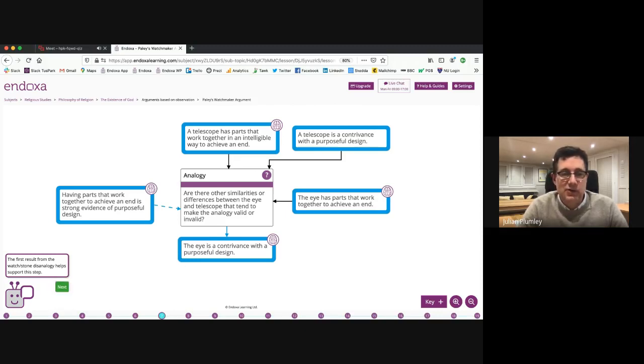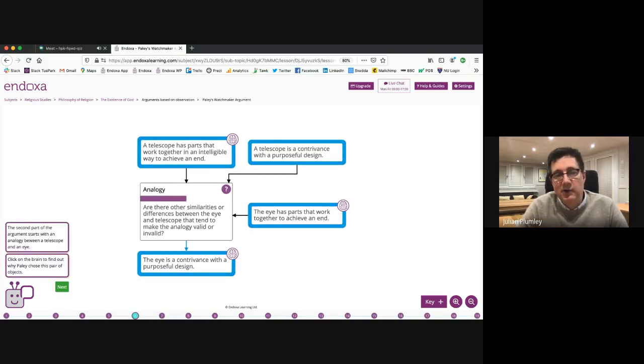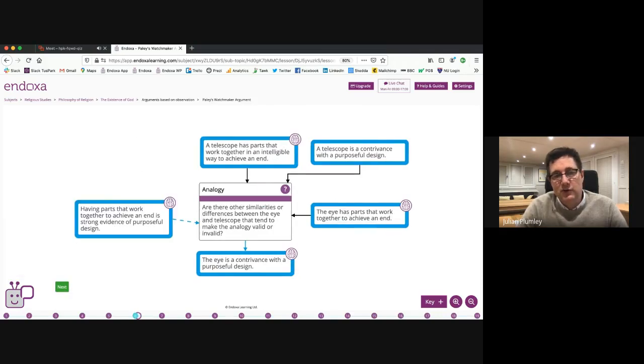Actually, I'm just going to go back one step. This purple line represents the strength of the argument. Analogy arguments aren't particularly strong unless you've got some good reason to believe in the analogy. So when you go forwards, you have this that you've already worked out strengthens this argument, and the purple bar gets longer.